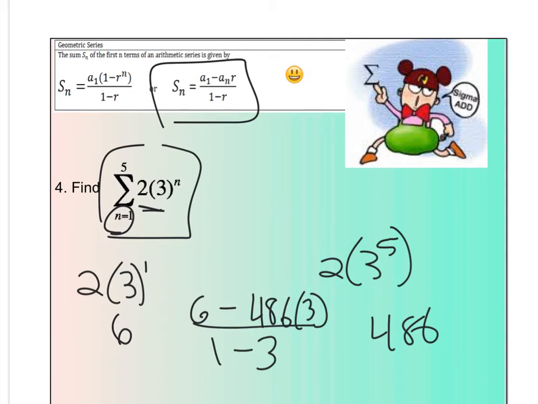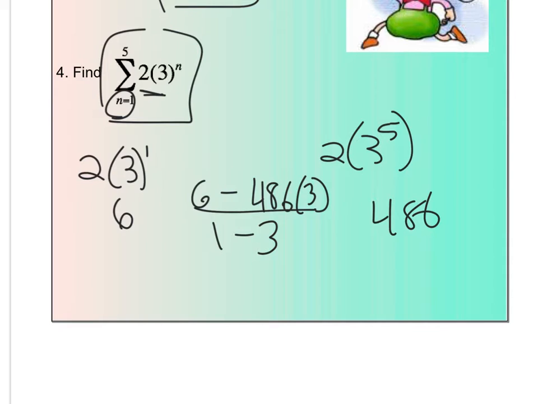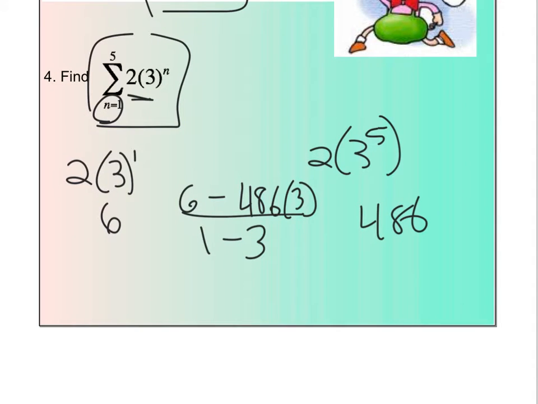So when I do this, let's see what I get. 486 times 3, 6 minus that, divided by -2, should get me 726. That's going to be your answer.